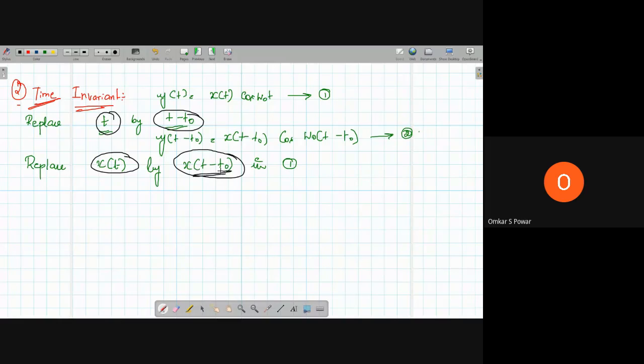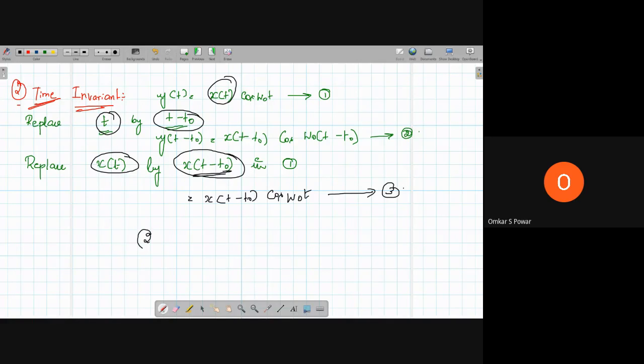That is the difference. So we replace that in equation number 1. What we get, I am writing in black ink so that you will come to know: x of t minus t naught into cos of omega naught into t, because only x of t is replaced by x of t minus t naught. So this is our equation number 3. For the system to be time invariant, equation 2 should be equal to equation 3.